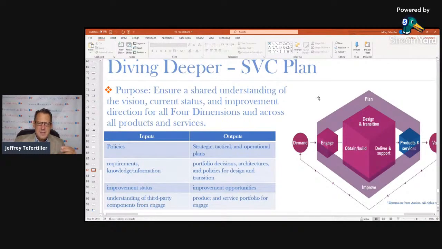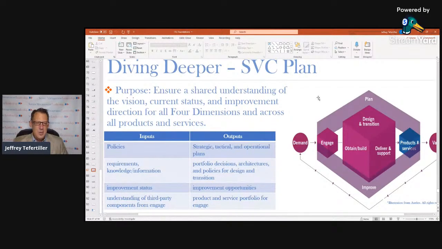So your plan stage will have you inputting policies and outputting strategic plans. You're inputting requirements and knowledge and information, and your outputs are portfolio decisions because you're developing the strategy, right? You're inputting your improvement status, you're outputting your improvement opportunities.